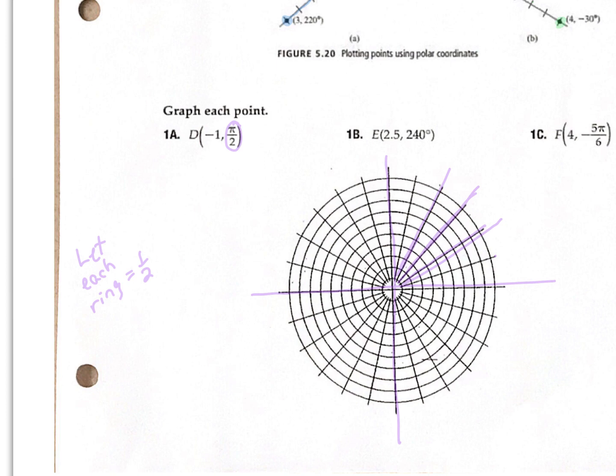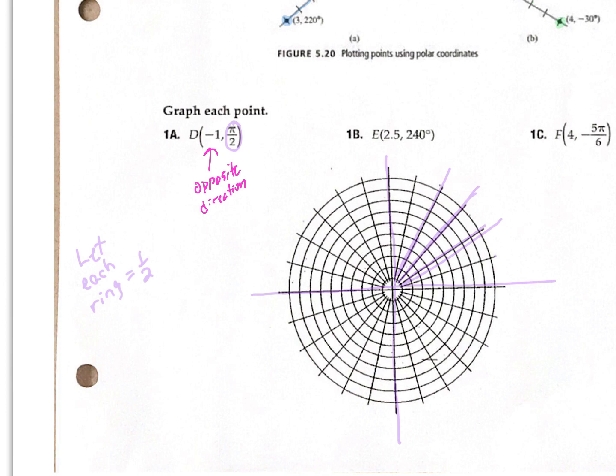Okay? But the thing to notice about this problem is that this is telling us to go in the opposite direction. So we go through the origin? So yeah, exactly. You're right, Ryan. We're going to go through the origin. We're going to go through that pole to go into the opposite direction.